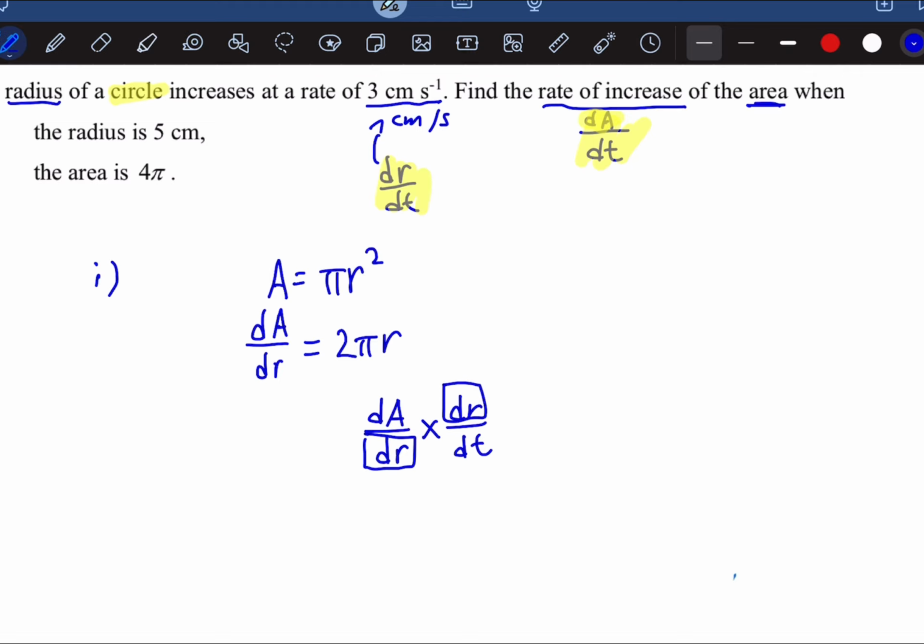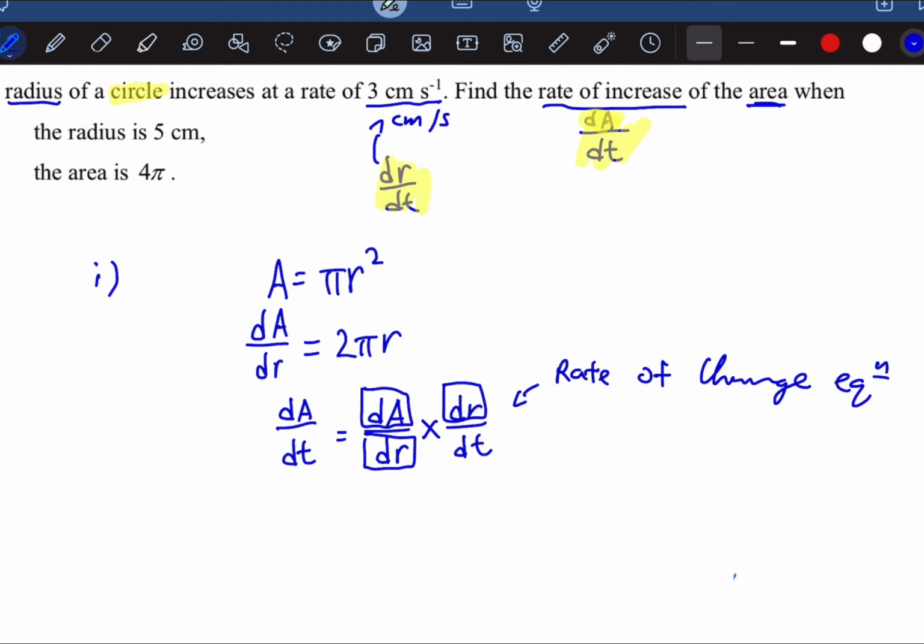Then the numerator of this differentiated one will be on the left side of the rate of change formula. So this is the rate of change equation. This is very important because without this formula, we cannot proceed with the question.